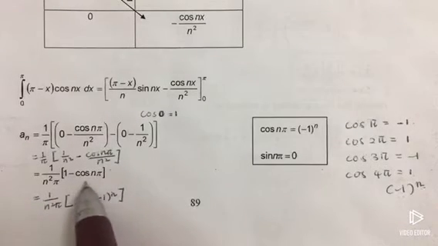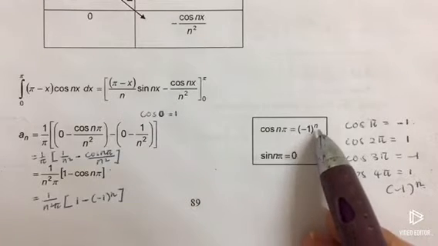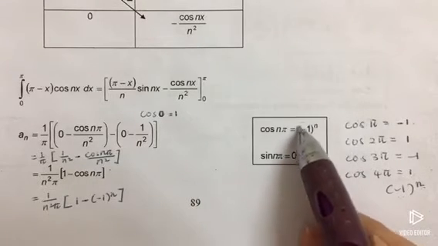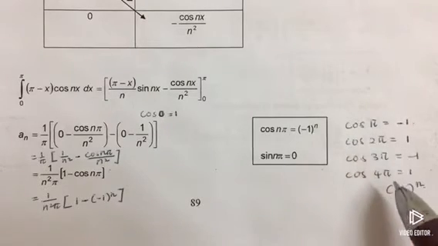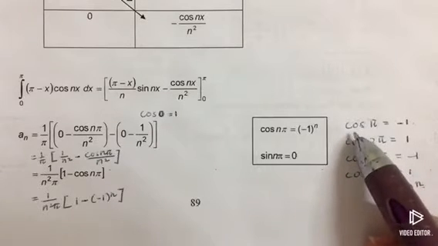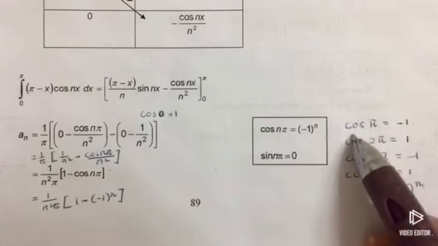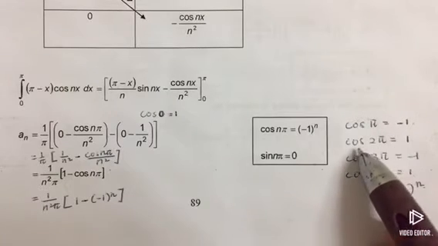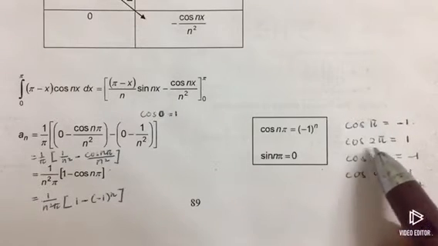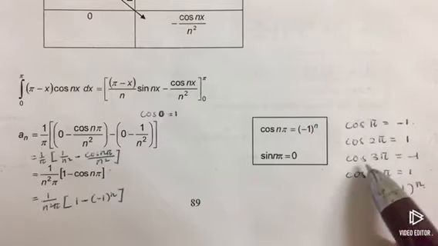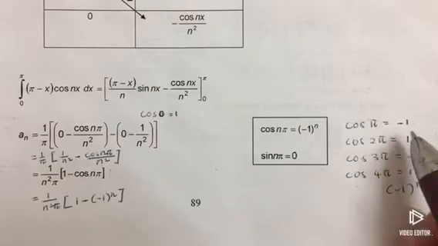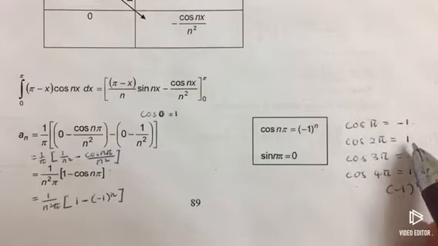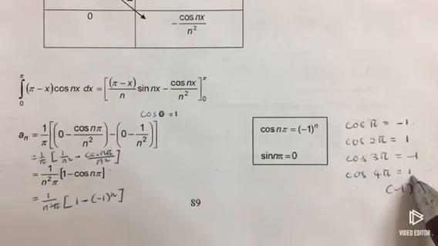This cos n pi we can replace by negative 1 to the power n. How do we get this term? We derive it from n equal to 1 to 4. Let's say cos 1 pi, we get cos pi equal to negative 1. When we substitute n equal to 2, cos 2 pi equal to 1, cos 3 pi equal to negative 1, cos 4 pi equal to 1. So this value will alternate between negative 1 and 1.